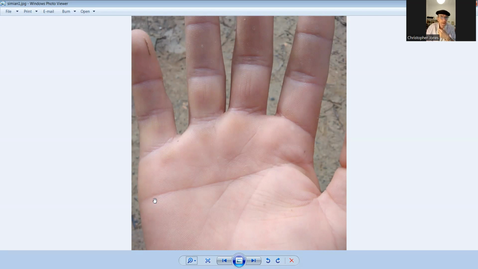And what you see in those cases is a domination of the emotion of the heart over intellect, over the head. And so we know that there's an imbalance in those two faculties within people with Down syndrome. And we can therefore infer there's an imbalance in those faculties in non-Down syndrome people with Simian lines.